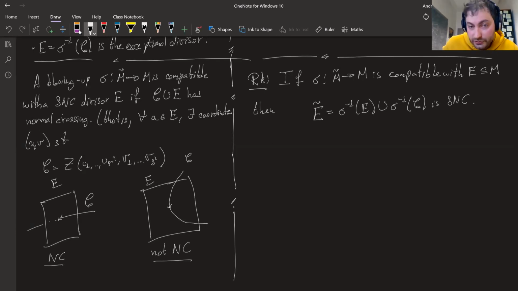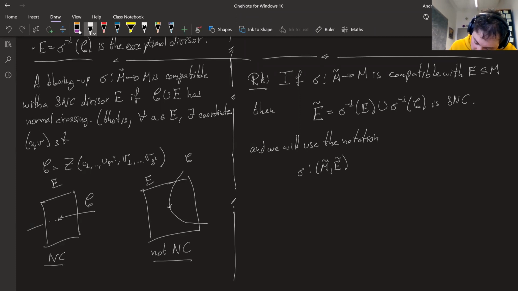So in this setting, we will use the notation sigma from (M tilde, E tilde) to (M, E), a notation that we're going to use.